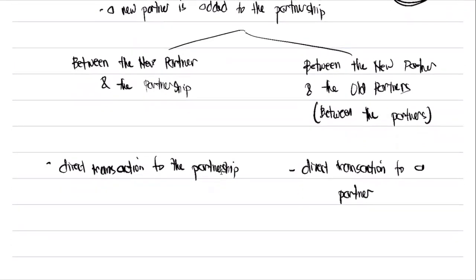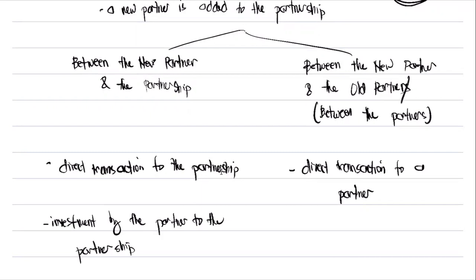Okay. So if ever that is a transaction between a partner and the partnership, what happens here is there will be an investment by the partner to the partnership. While if that is between the new partner and the old partner or partners, this is a purchase of old partner interest.